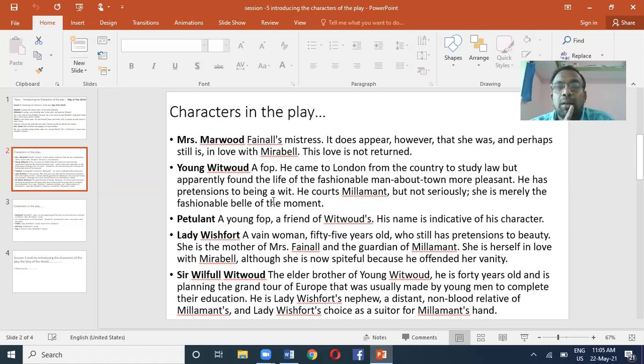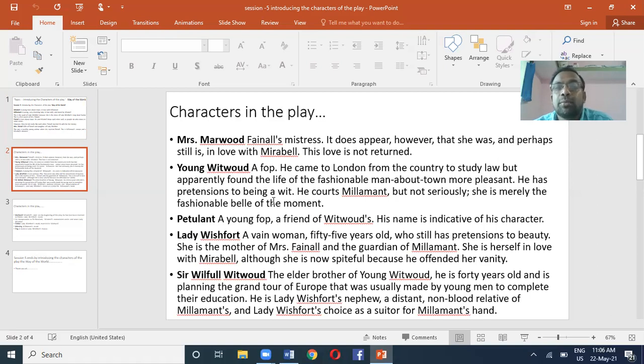Now Mirabel is seriously loving Millamant. And Mirabel had a mistress, that is Mrs. Fainall. And Mrs. Marwood is also the mistress of Fainall and Mirabel. See these complications.